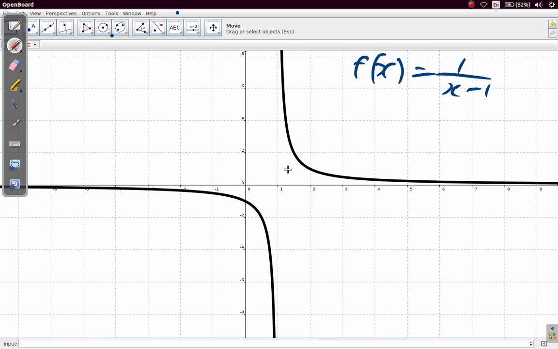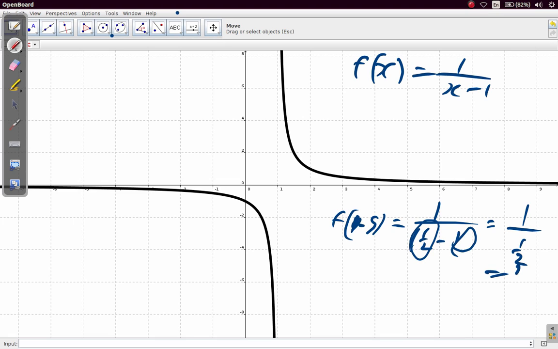What happens when x is 1.5, not half, 1.5? f of 1.5 equals 1 divided by 1.5 minus 1, so it's 1 over half, which is 2. So at x equal 1.5, f of x is 2.